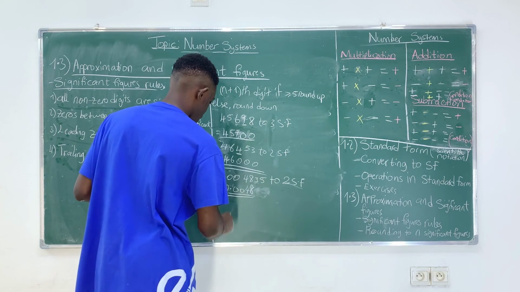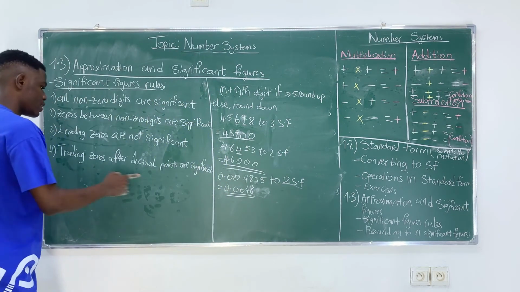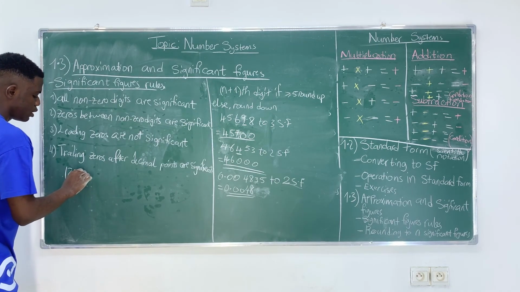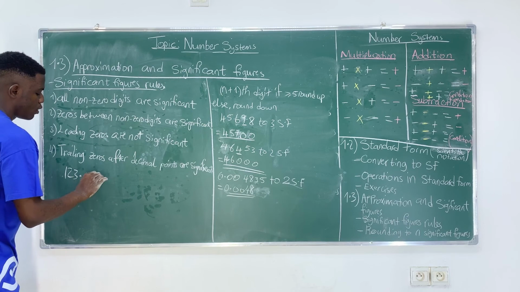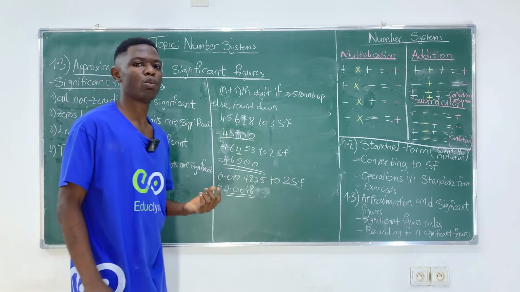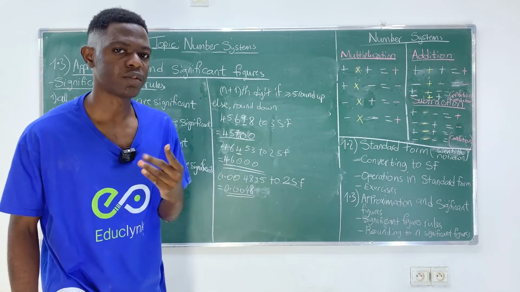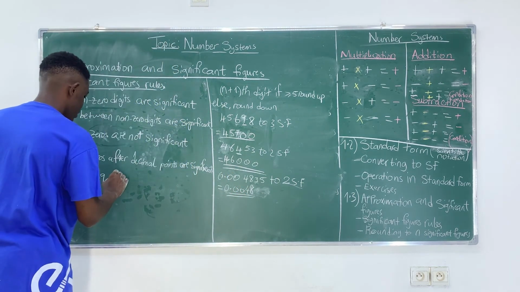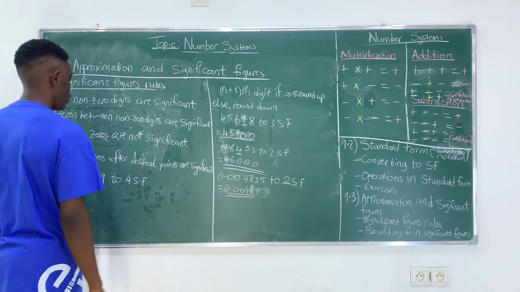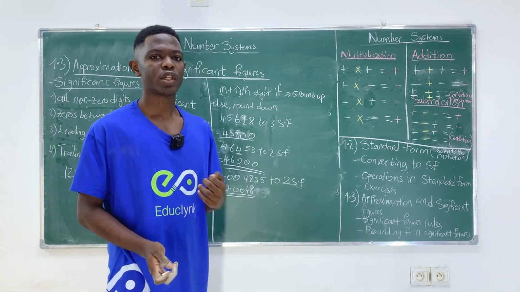So let's do another example, the last example. Let's write it here. 123.47 number in significant figures. So you have to write this number to 4 significant figures.